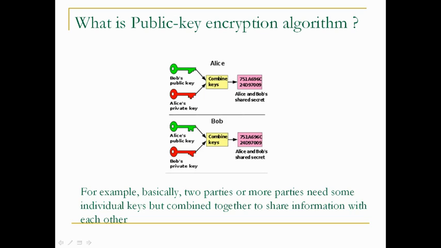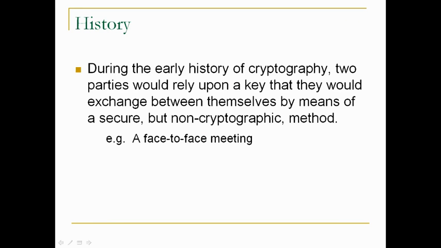So I'm going to talk about the history of it. During the early history of cryptography, two parties would rely upon a key that they would exchange between themselves by means of a secure but non-cryptographic method, for example, a face-to-face meeting.